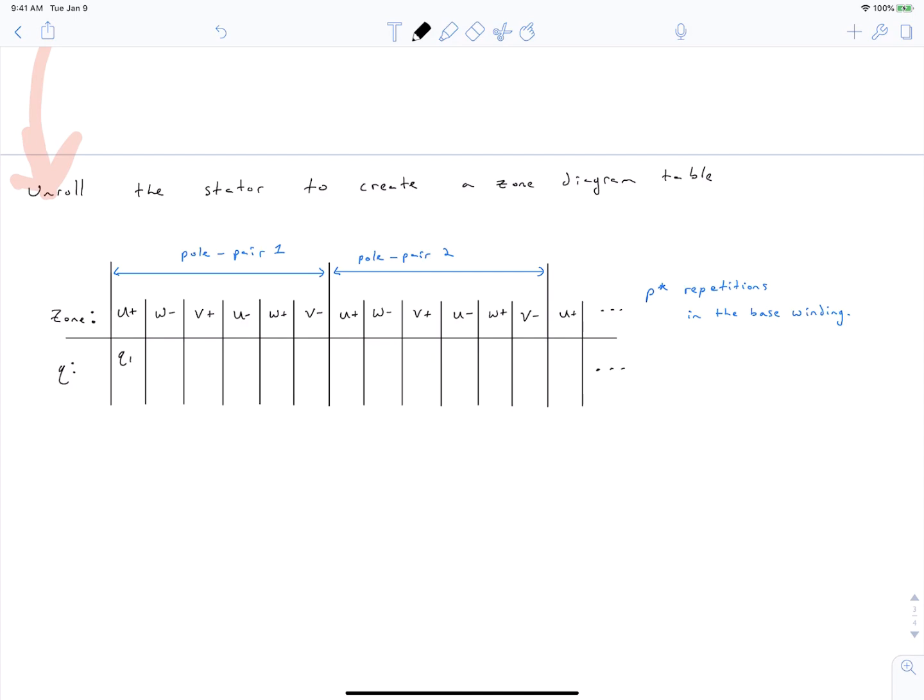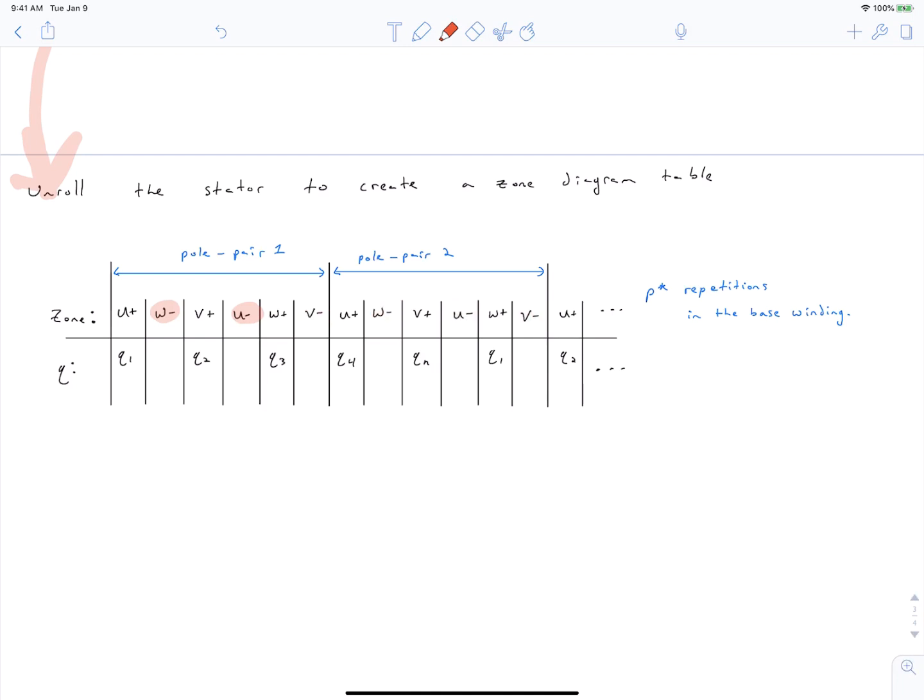So we'll start with Q1 in the first phase zone, and then moving to the next positive phase zone, we'd have Q2, Q3, Q4, and say that N was 5, you'd get to Qn, which is 5, and then you just repeat this. You'd repeat this until you've got your full base winding laid out. And so now what we need to do is figure out how many slots need to be assigned to these phase bands.